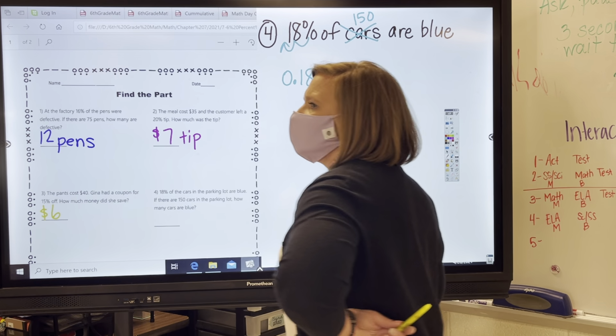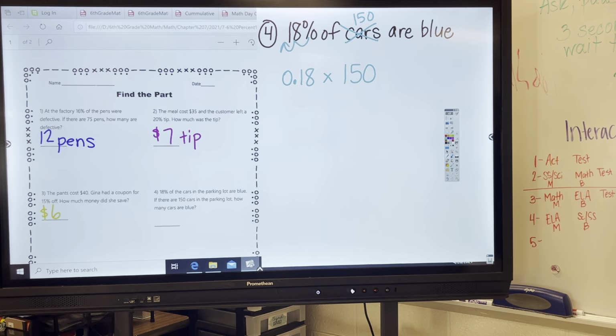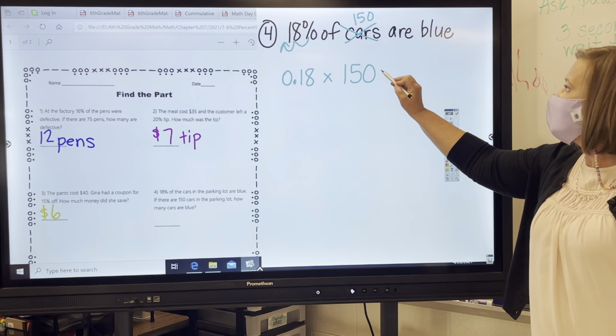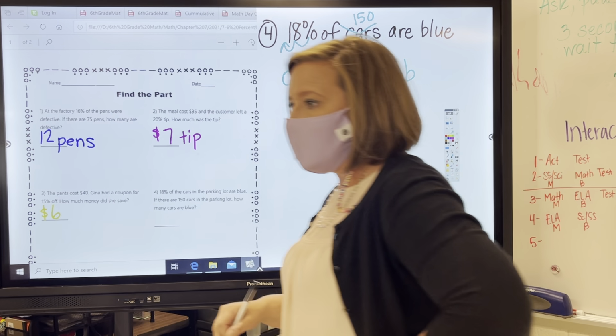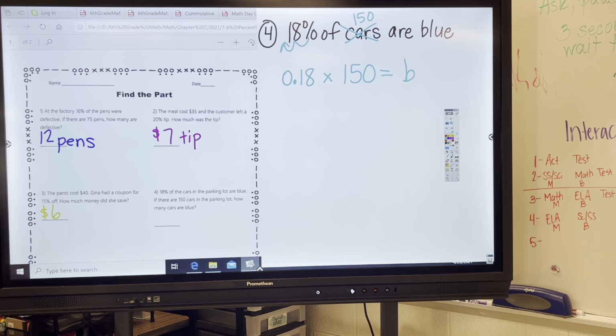What does "are" mean? Is, are, was, were. Equals. Alright, I want you to do that math. Figure out how many cars are blue.